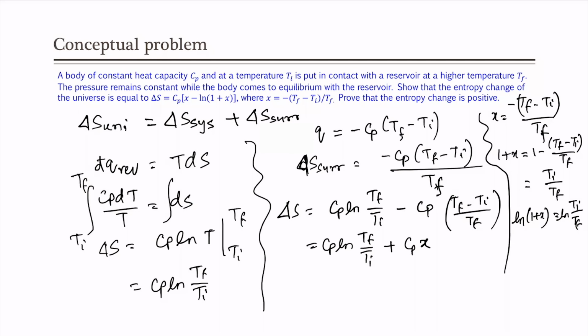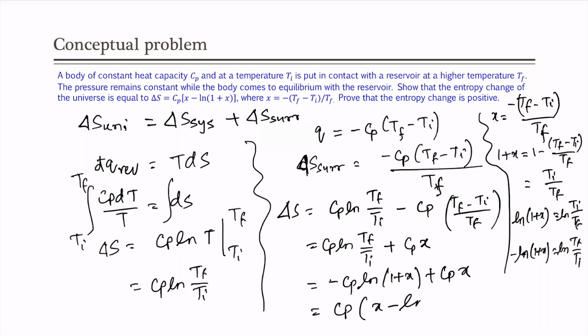Now, for ln you know that if I take a negative sign, it will be just the opposite. So, the expression is minus Cp ln(1 plus x) plus Cp x. Now, Cp is common, so it is Cp times (x minus ln(1 plus x)), and that is what we were asked to prove.